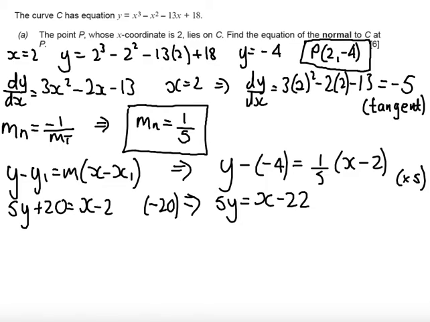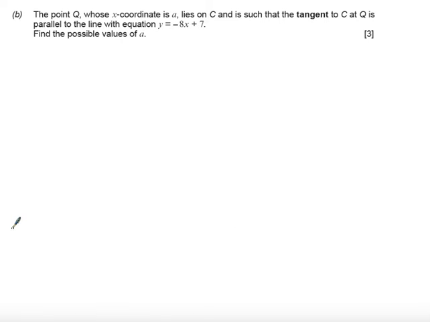Let's look at part B. Part B says the point Q, whose x coordinate is a, lies on C and is such that the tangent to C at Q is parallel to the line with equation y equals minus 8x plus 7. Find the possible values of a.